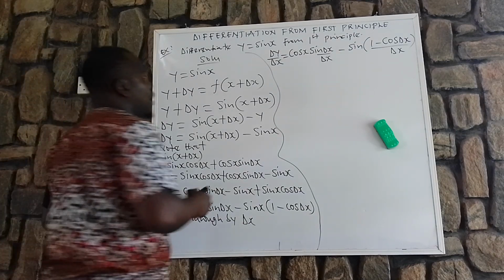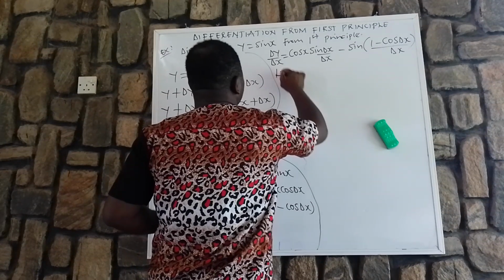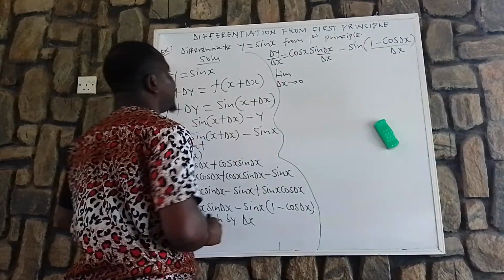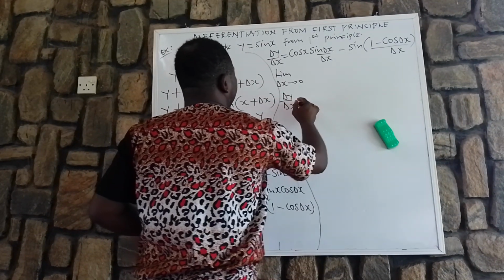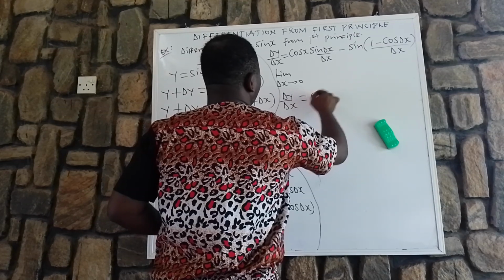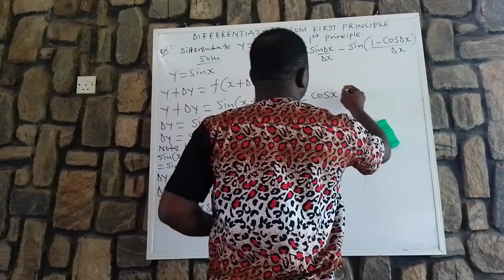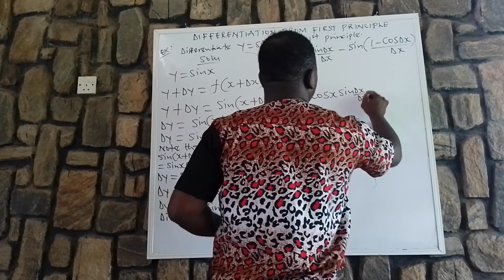Now we introduce limits. As the limit of dx tends to 0, our dy over dx is equal to cos x sine dx over dx.